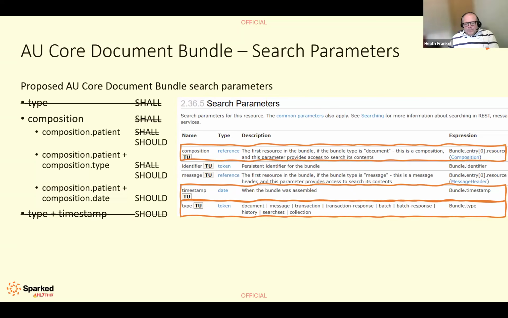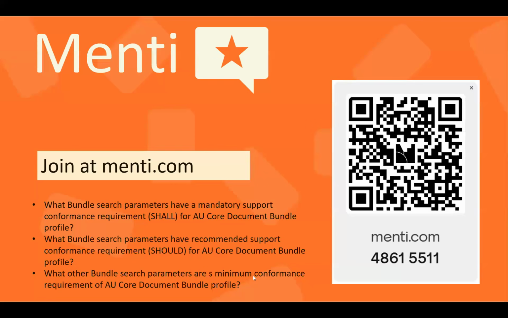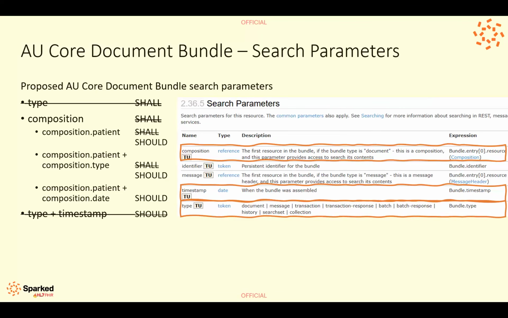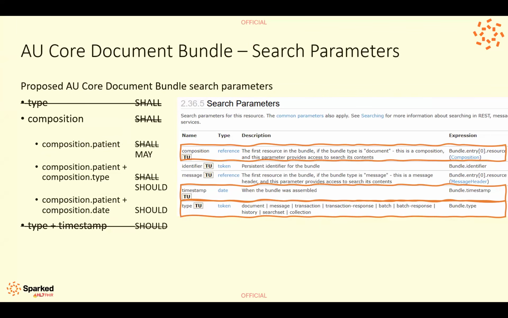Michael? I'd probably lean a little bit further than that and maybe suggest MAY on these, because it is kind of highlighting to people looking at this how you could pull it out, using that chaining, sort of indicating that that is the process if you were trying to search on this directly. So I think it's useful to have them there as MAY, just to provide that sort of guidance as this is how you may want to do it.